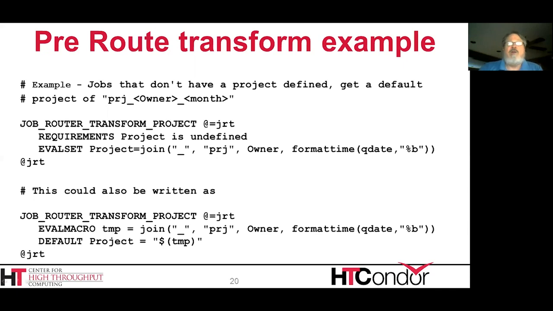This, by the way, could also have been written in this other form where we eval macro into a temp variable, and then we use default to set the project. And as I said before, the default command will not change the value of project for a job. It will only set a value if the job doesn't currently have one.